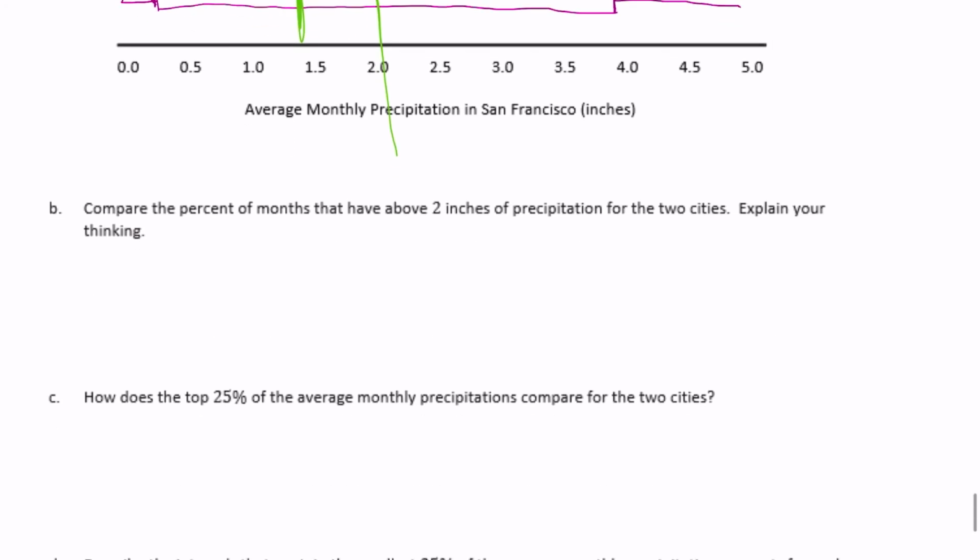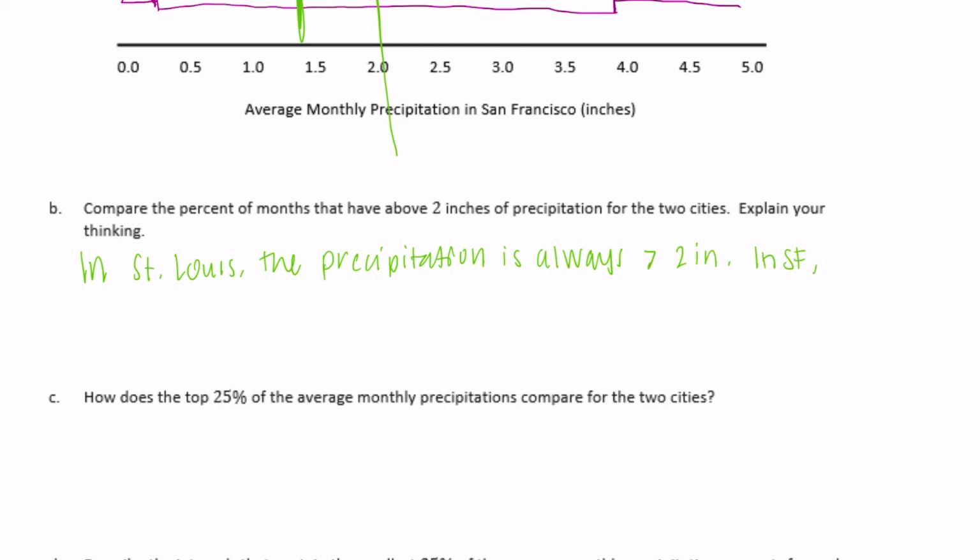So let's say in St. Louis, the precipitation is always greater than 2 inches, whereas in San Francisco, more than half of the months are less than 2 inches. So very big difference there.